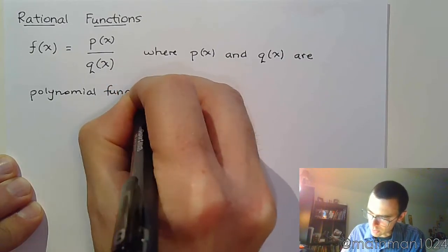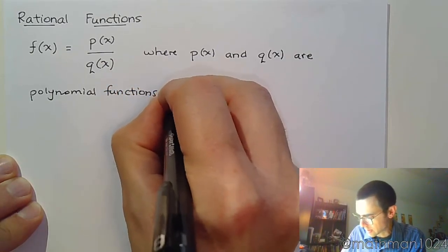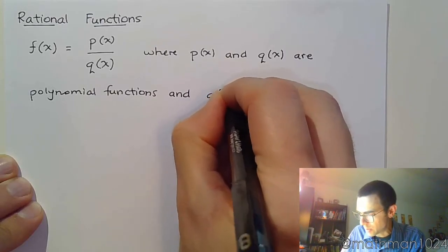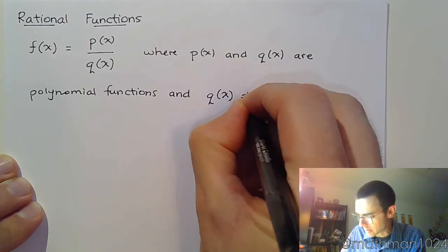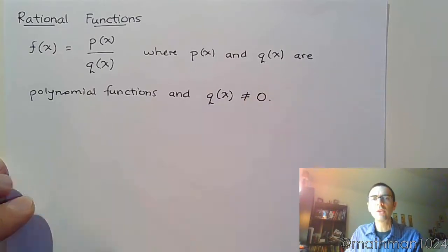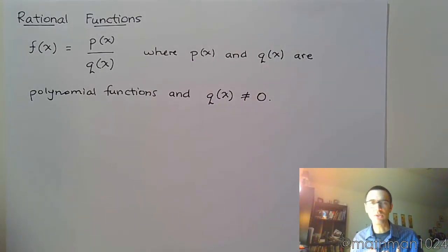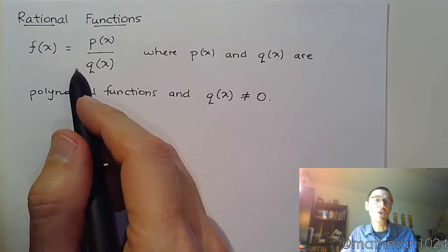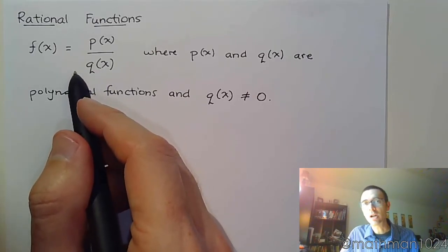It's just the quotient of two polynomials. And the denominator does not equal 0. It's not the zero polynomial. Because if q of x is the polynomial that's always 0, then you're always dividing by 0, which means you're going to have a function that's not even defined, so we can't even talk about it.